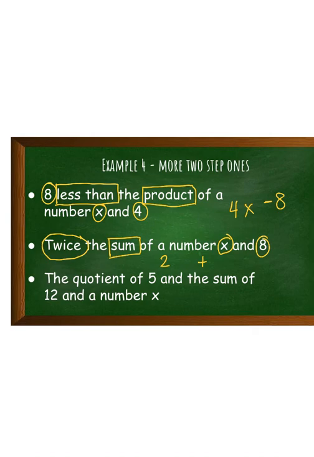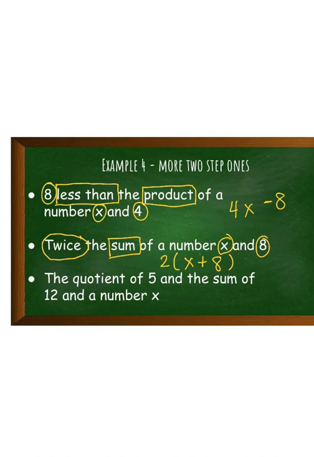But if we're saying twice the sum of something altogether, we know that we need those parentheses, okay? And we've got a number x and 8. So it's just 2 times x plus 8. Because x plus 8 is the sum of x and 8, and it's saying it's twice that. So that's why we multiplied by 2, okay?